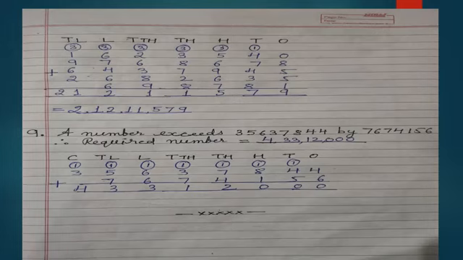So children, come to the last question, that is question number 9. A number exceeds 35637844 by 7674156. What is that number? So children, you have to find the required number, so you have to add. First you arrange it column-wise and then add from the ones place to the respective places.